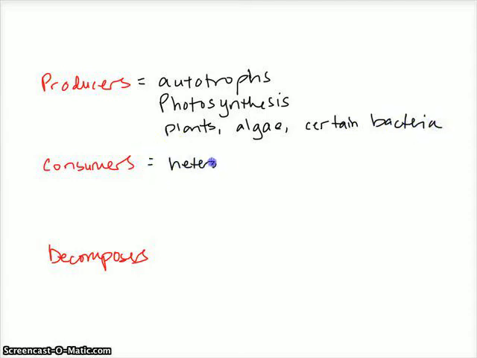Consumers are also known as heterotrophs. Heterotrophs obtain their food, energy, and oxygen from producers, and they perform cellular respiration. Cellular respiration is a process of converting the nutrients into energy so that cells can perform work or synthesize needed materials.